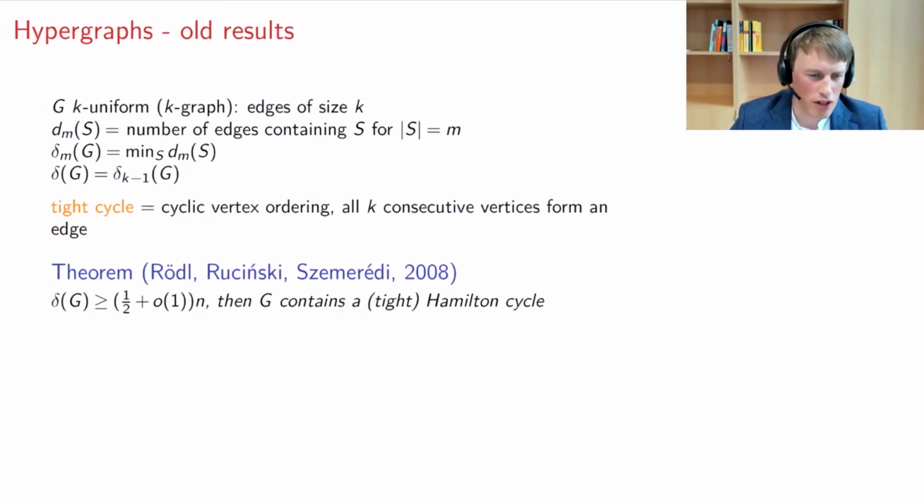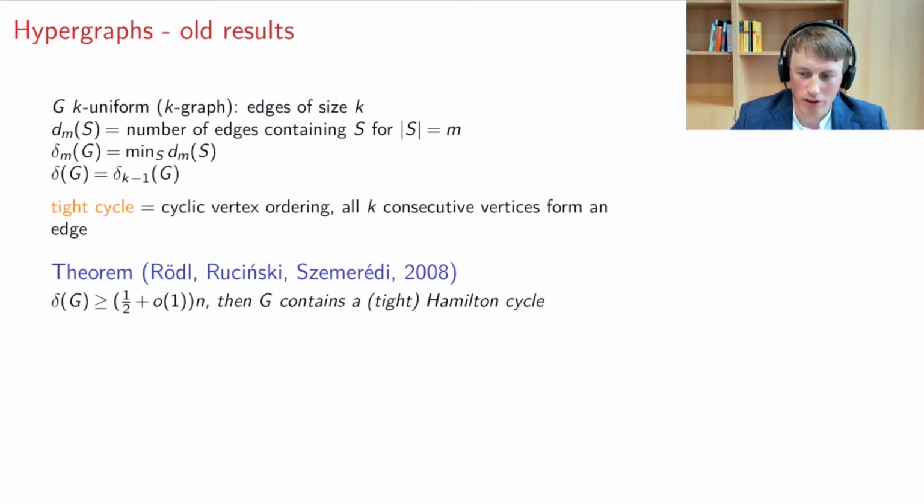For k equals 3, this error term has even been resolved completely by Rödl, Ruciński, and Szemerédi. This is one cornerstone result in the area, also because their methods significantly further developed the absorbing method. If you don't know it by now, this is a very good paper to have a look at.